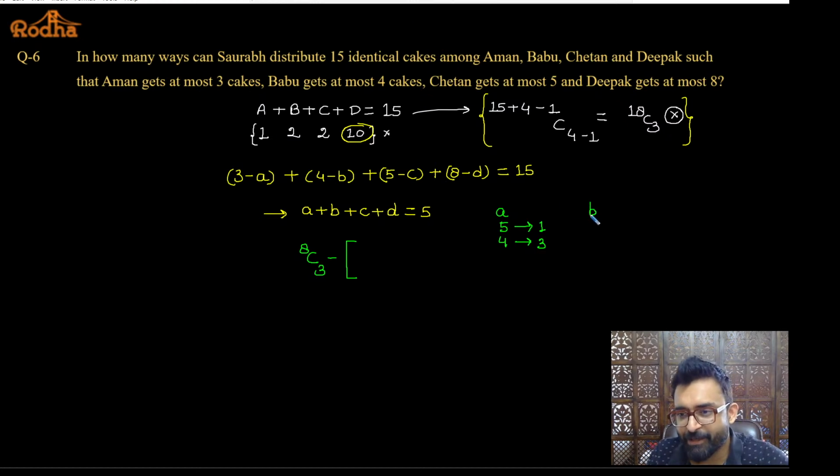Now B. How many cases B will be 5? One. So how many cases in total we need to subtract? 5 cases.